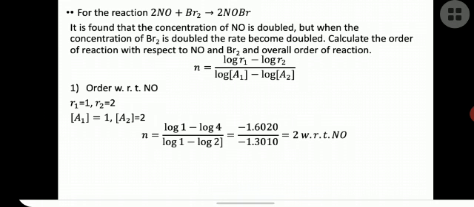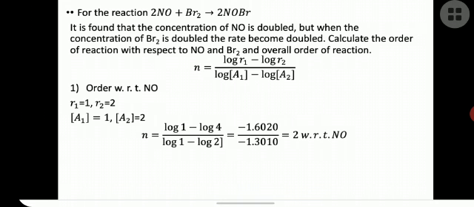Similarly, A1, that is the concentration, is equal to 1 and A2 is equal to 2. Therefore, by substituting these values in the above equation, we get n is equal to log of 1 minus log of 4 divided by log of 1 minus log of 2.